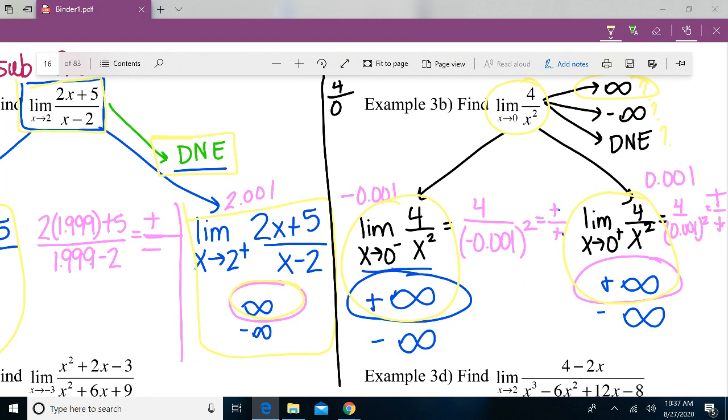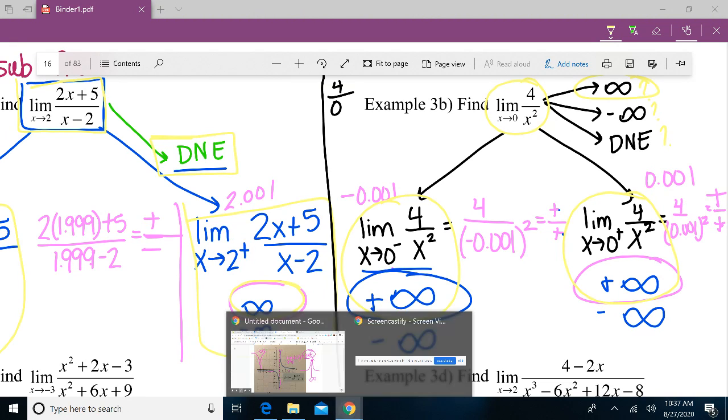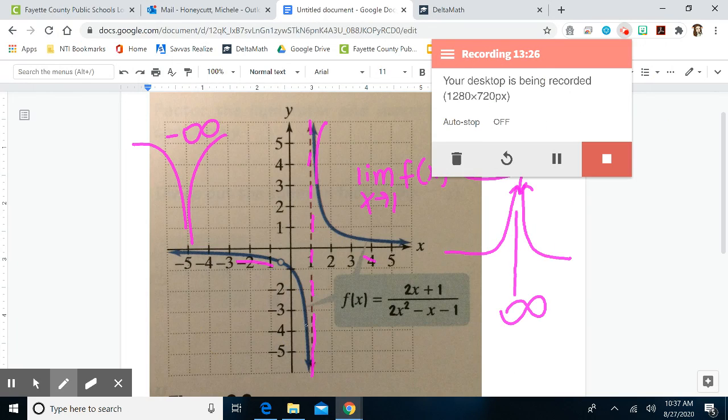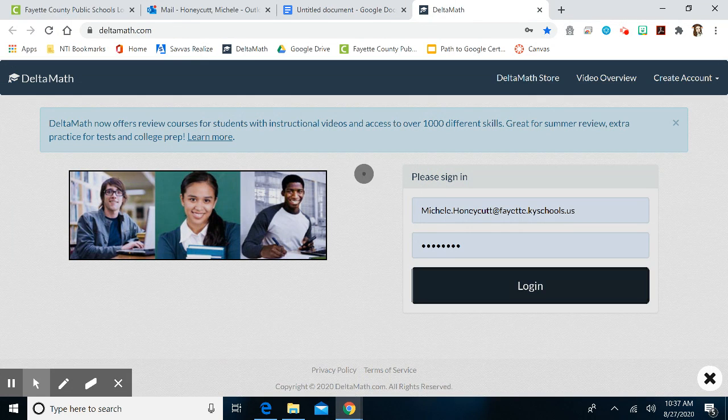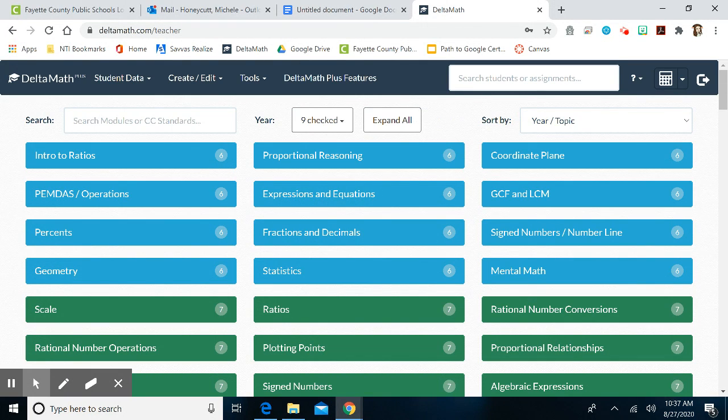Okay? Now, when you go to do your assignment, you're going to notice that there's not specific sections for each type of problem. And my internet is kind of lagging right now. There's not specific questions for each type of problem.